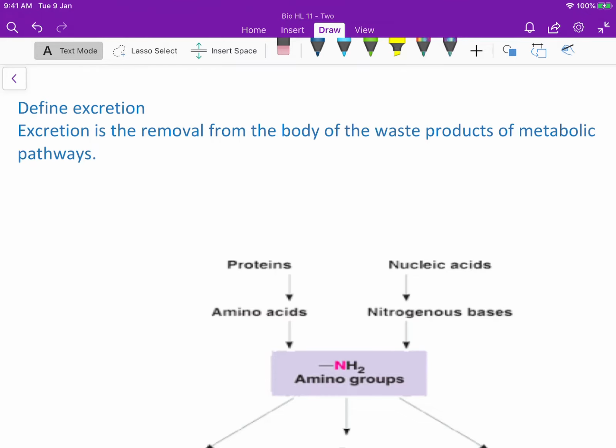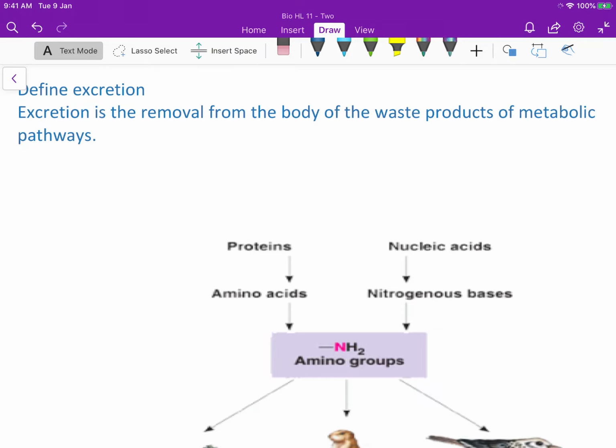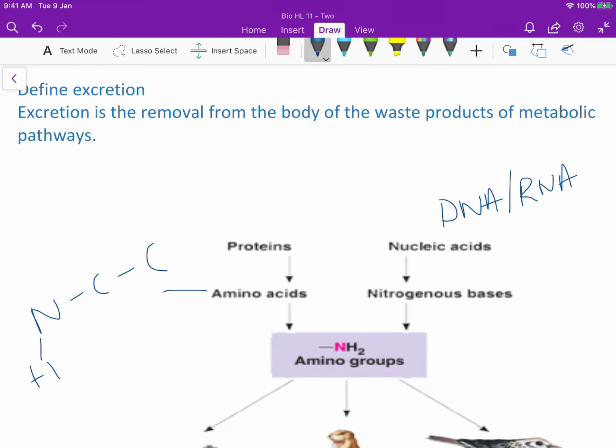And it is the breakdown products of either nucleic acids, so in that case we're talking about DNA or RNA, and that can lead to amine groups because they have nitrogenous bases. And then the other thing is proteins, because amino acids have an amine group, and that amine group needs to be removed as well.